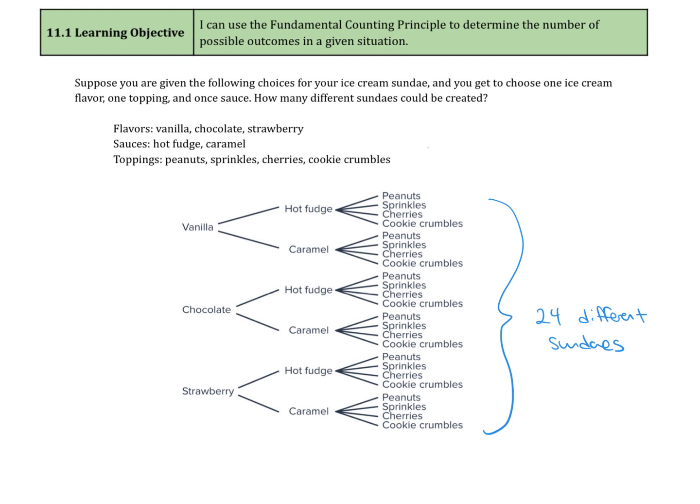So if we think about how many possibilities for the flavor, how many possibilities for the sauce, and how many possibilities for the topping, there were 3 flavors, 2 sauces, and 4 toppings. If we multiply the number of options in each category, that will give us the total number of different combinations.